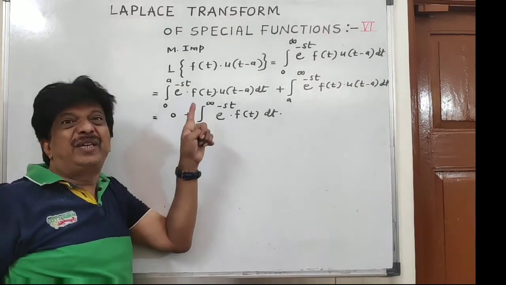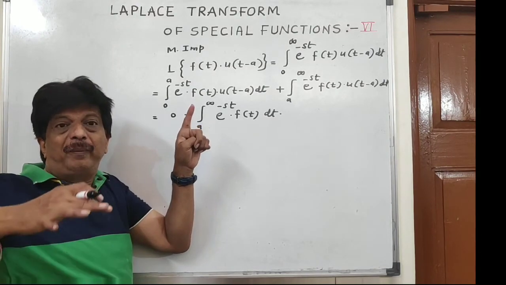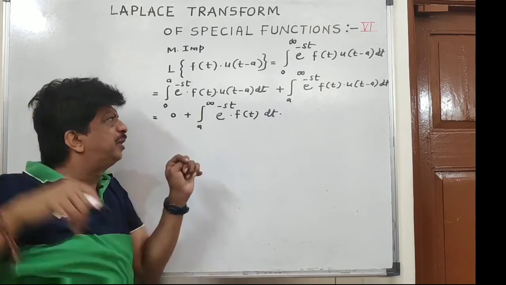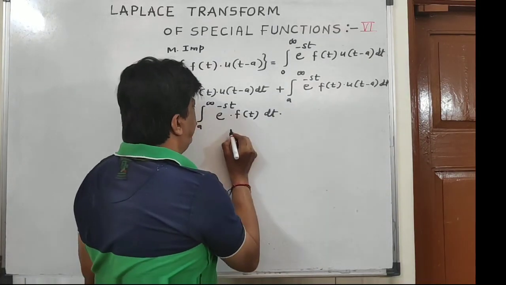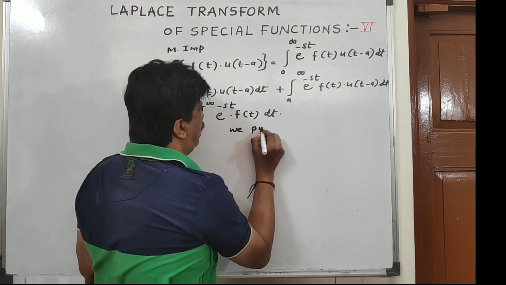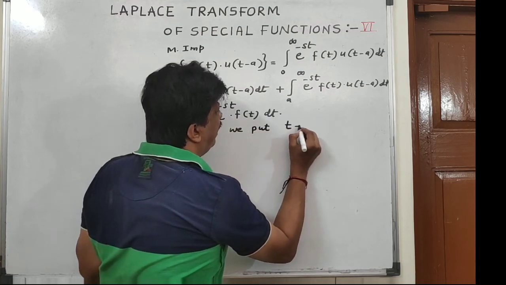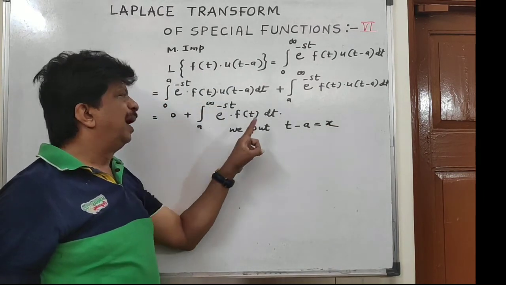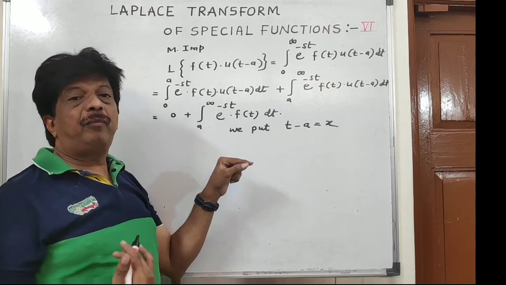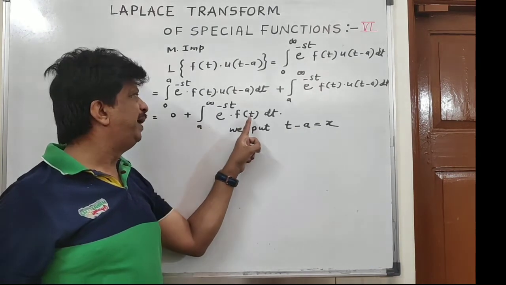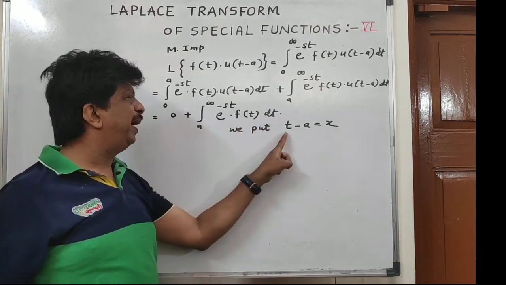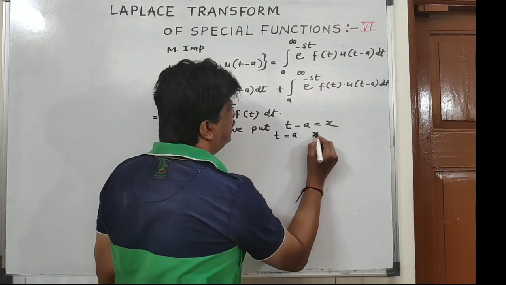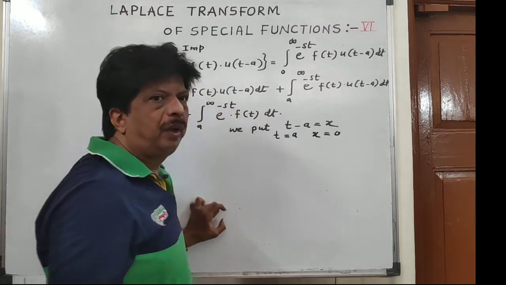So how to transform these limits from a to infinity into 0 to infinity? By simple substitution. We put t minus a is equal to say x. I am changing from t to x. So when t is equal to a, x is equal to 0 now.